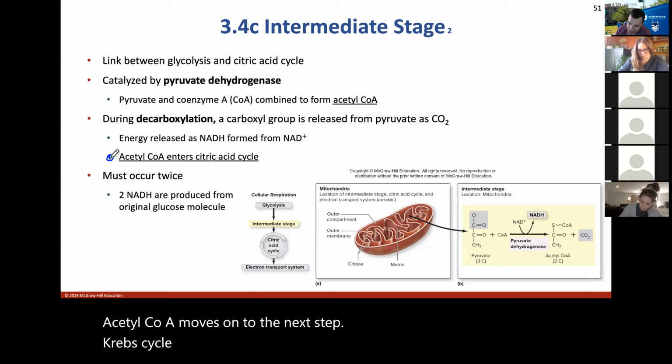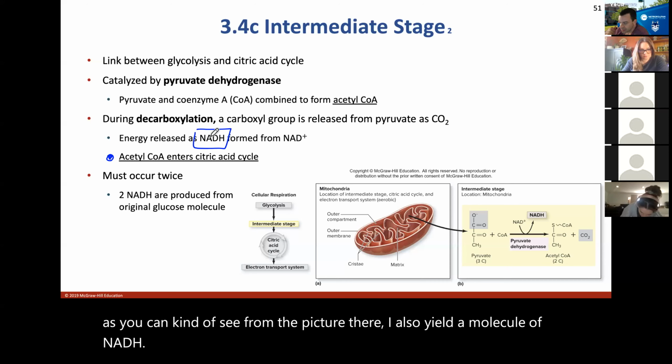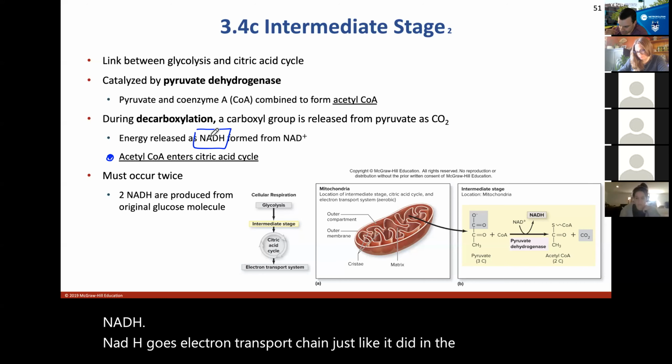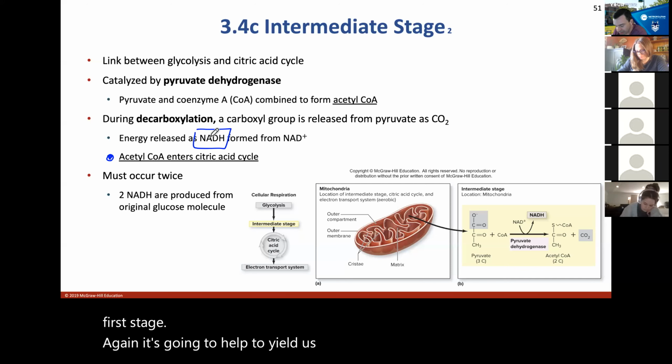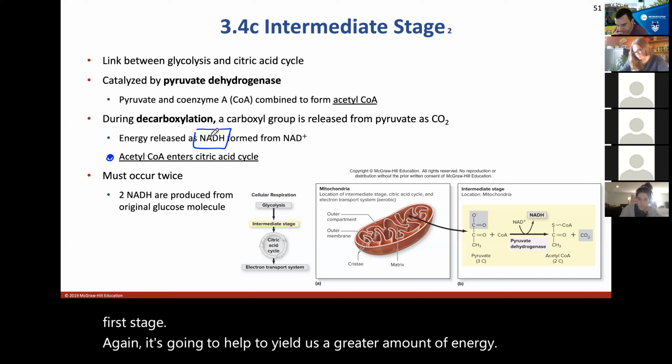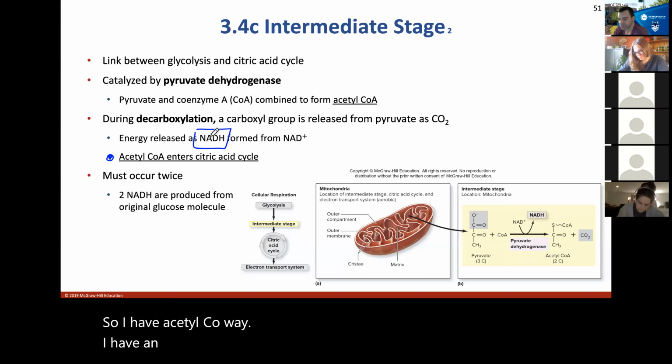As you can see from the picture, I also yield a molecule of NADH. NADH goes to the electron transport chain, just like it did in the first stage. Again, it's going to help yield us a greater amount of energy. So I have acetyl-CoA, I have NADH, and what do I have left?